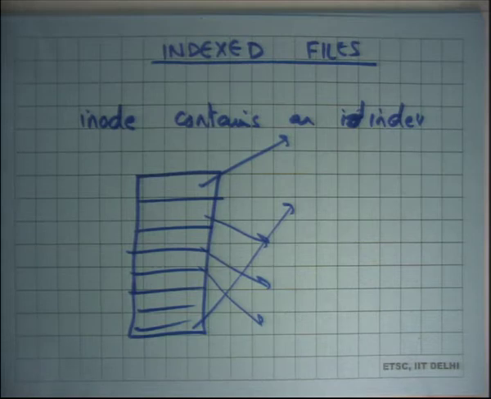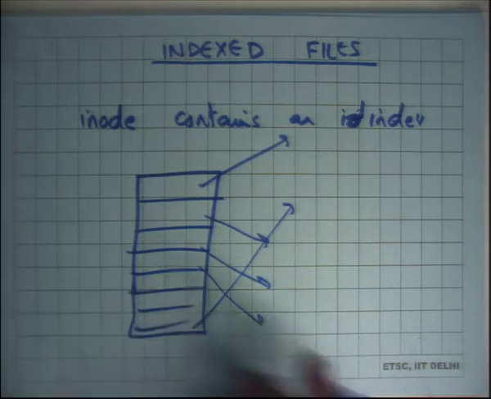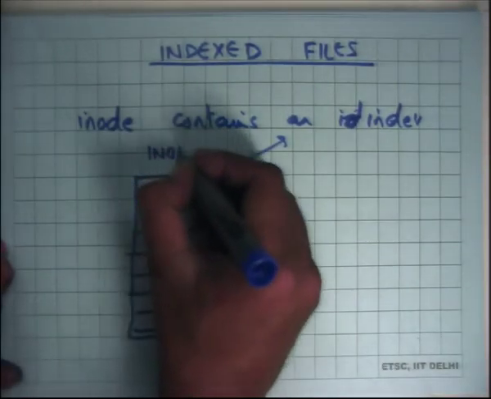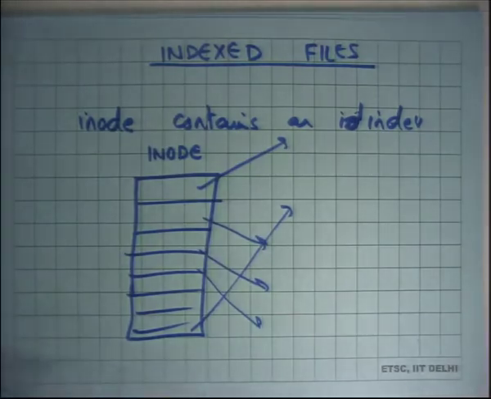Now if I want to access a file, the index is stored in the inode. So the inode needs to be brought into memory, and then you look at the index to get the block. Assuming that the inode was previously cached, you take only one disk access.